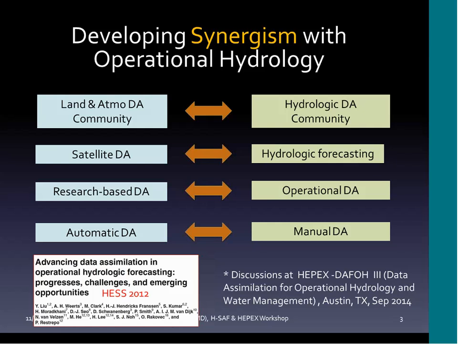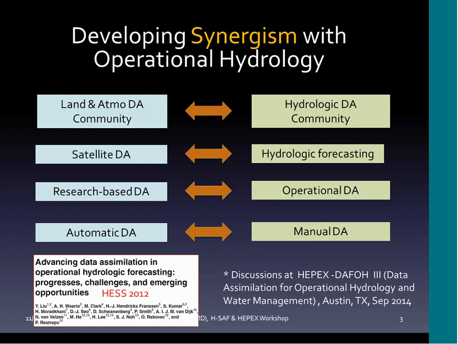And then when we do research, we use automatic DA. It updates for you automatically through the computing system. But in the US, operational forecast centers do DA manually by just changing some parameters or states on the fly, based on their expert knowledge or experience, trying to get a better forecast.